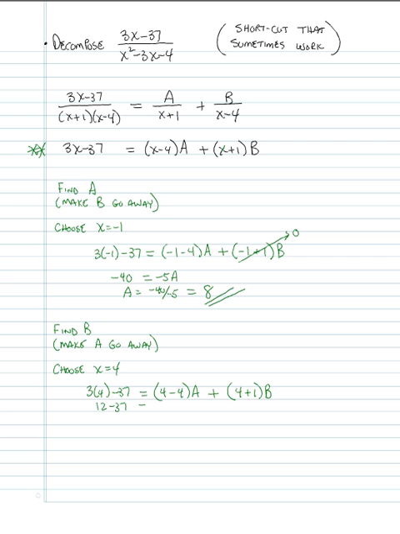I started to do that in my head, but I decided I better be careful. Here we have 0 times A, and here we have, of course, just 5 times B. Well, 12 minus 37 is -25, isn't it? And so I get B is -25 divided by +5, which is -5, and that's the value we got previously.